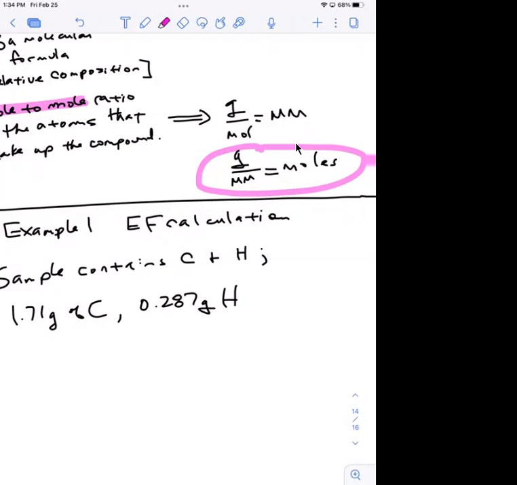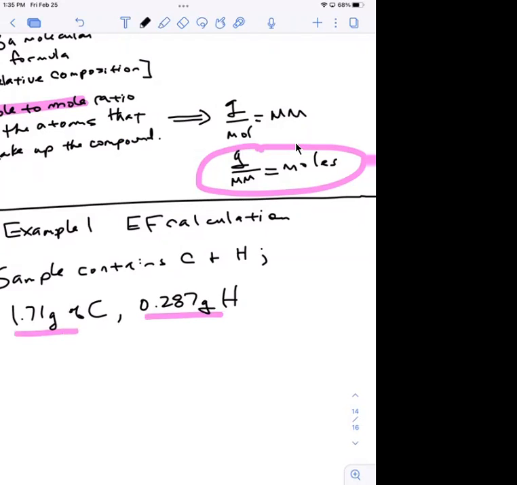Molar mass, yeah. So in this case, we have grams of carbon and grams of hydrogen, and we're going to find the number of moles of each one.